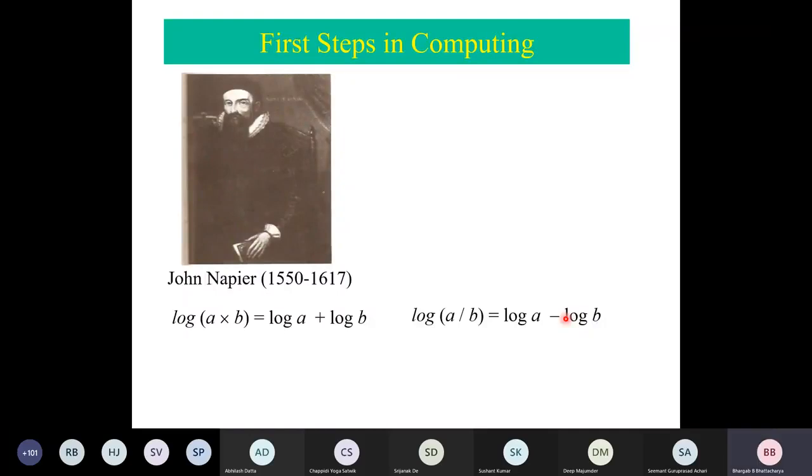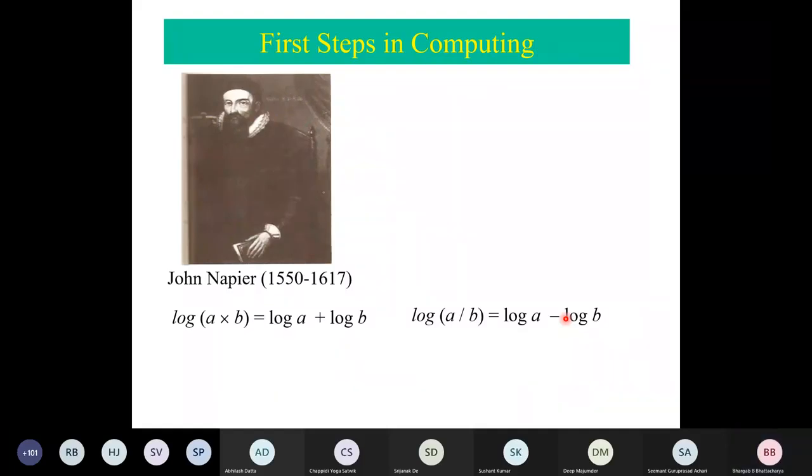So if you have a mechanism of computing the logarithm of a number, you can simply sum them up and take the antilog of that, to restore the original product. And similarly, division is more complicated than subtraction. But in the logarithmic domain, a division is transformed into a subtraction.